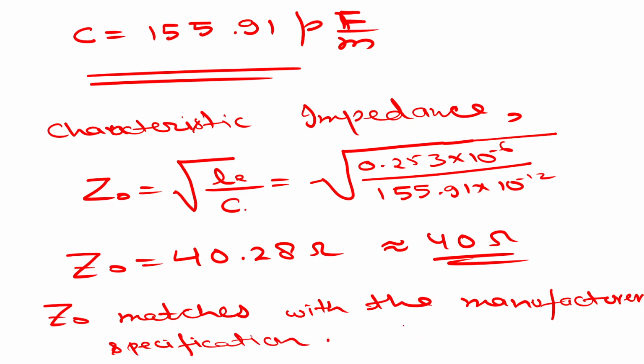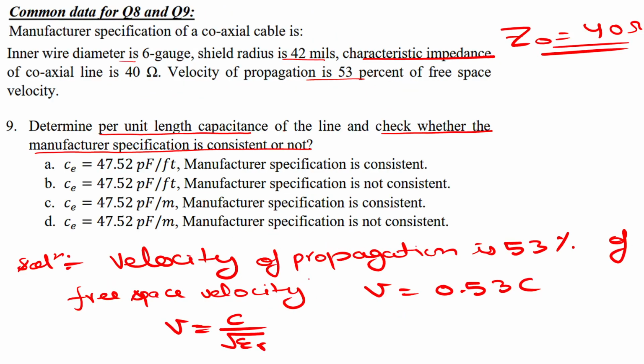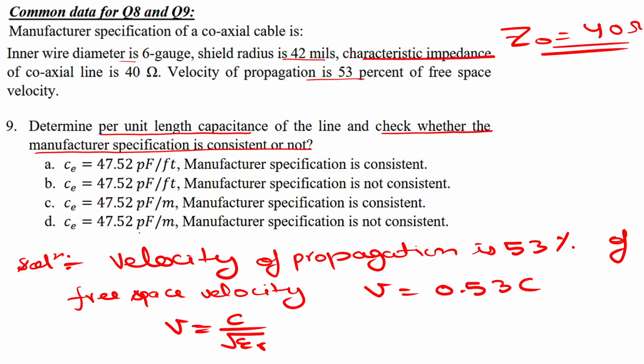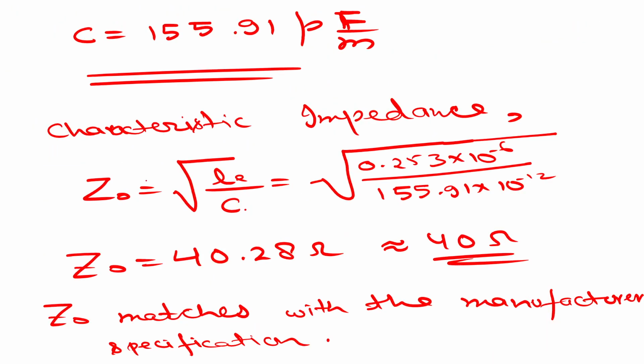Now if we match it with the given options, the correct option is... okay, all the options are given in picofarad per feet instead of per meter. So here we have to convert it into feet.